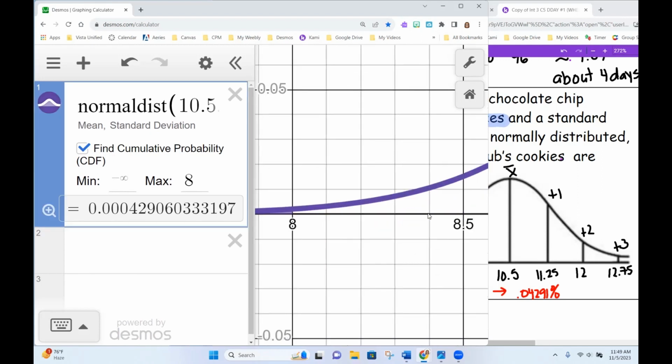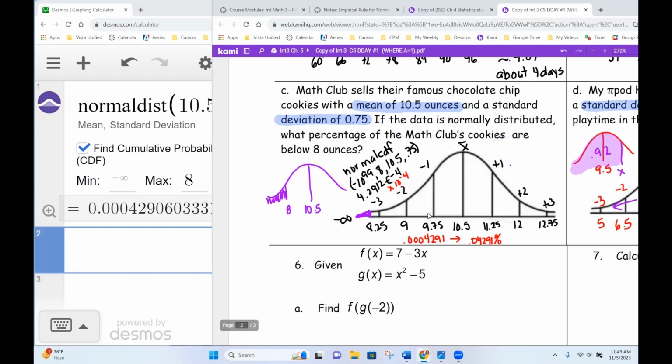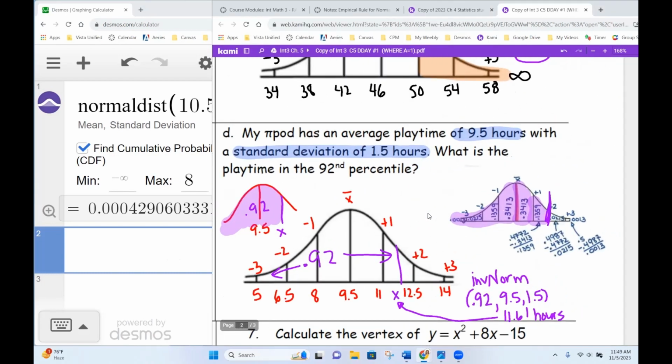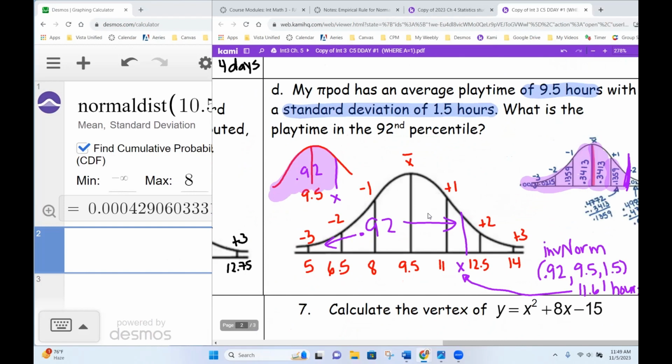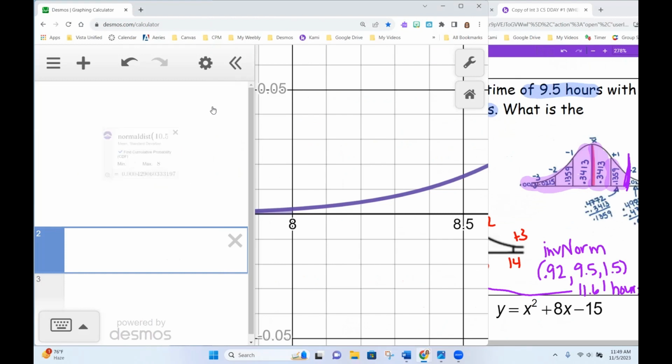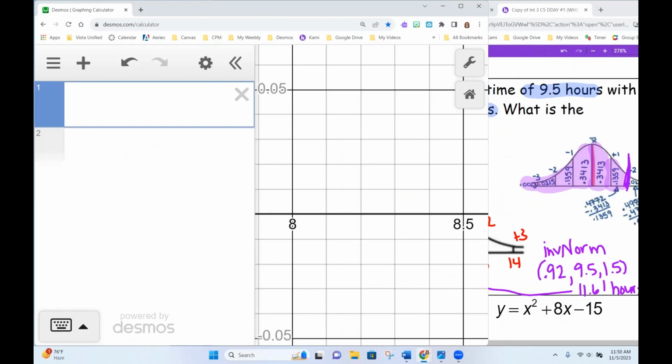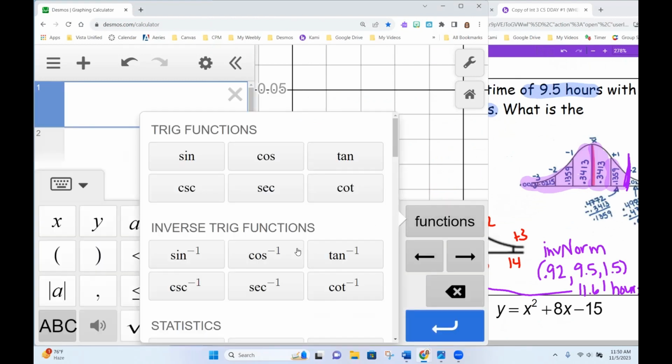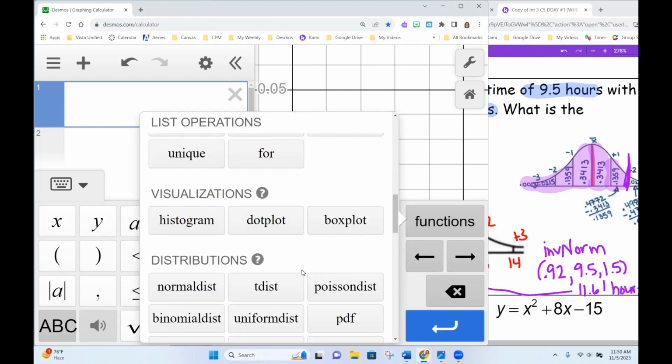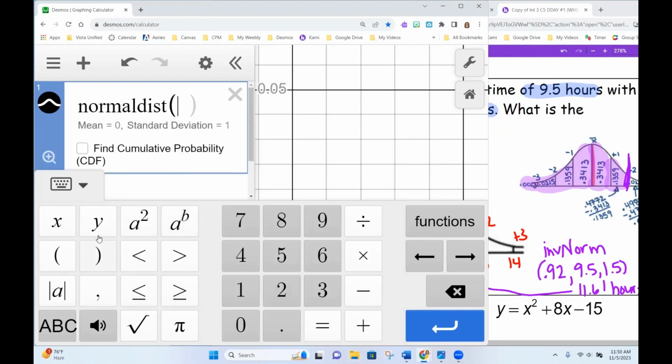Okay. Now, the next one is an inverse norm. I'm going to get my normal curve to fit this, which is 9.5 hours for the mean and 1.5 for the standard deviation. Sorry, I deleted it. Didn't mean to delete it. Get it back. Okay, so normal distribution.